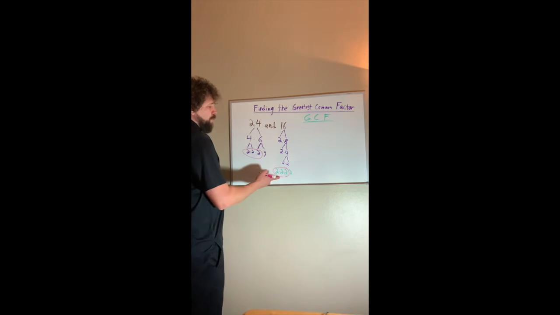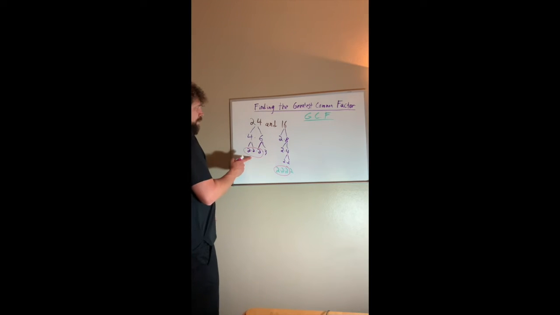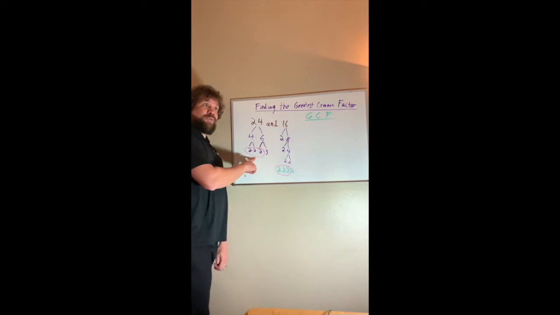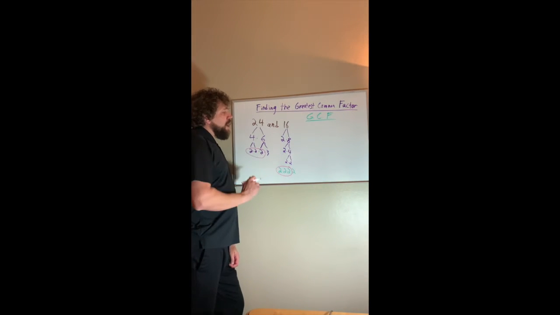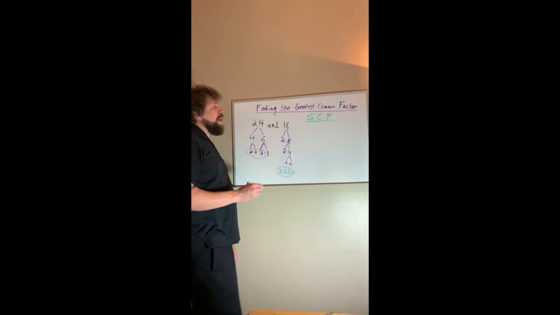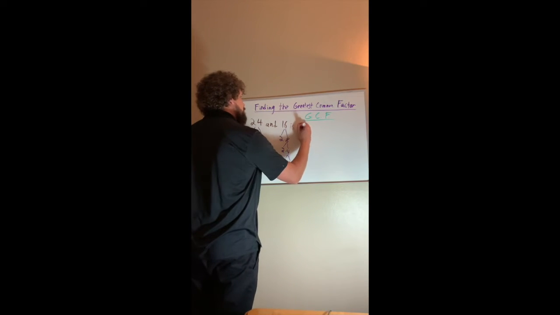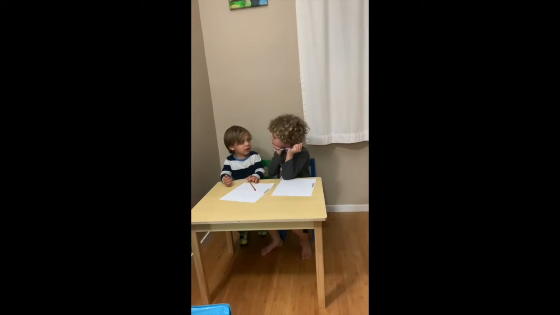I'm going to circle 3 of these 2's, not all 4, because this number 24 only had 3 2's. The greatest common factor of 24 and 16 is 8. Because 2 times 2 times 2 is 8.